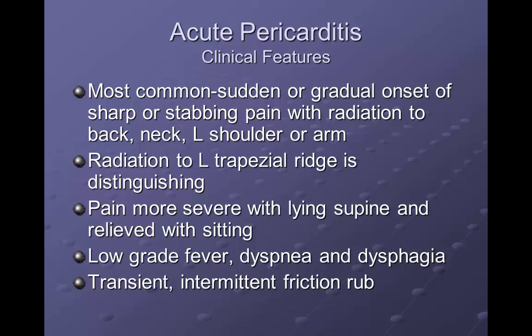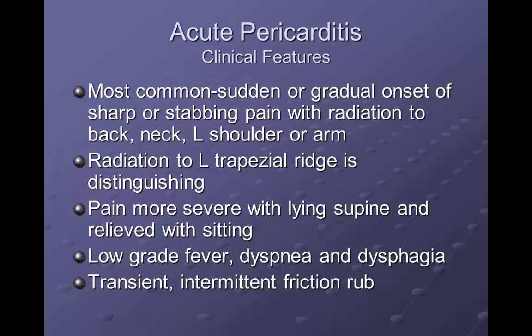In addition, patients could present with a sudden or gradual onset of sharp or stabbing pain with radiation to the back and neck or to the left shoulder or arm. It is more severe when lying supine and is relieved with sitting. It also varies with respiration, is worse with inspiration and relieved by expiration. Radiation to the trapezius could also be present.